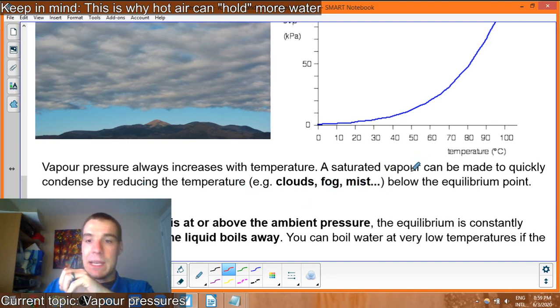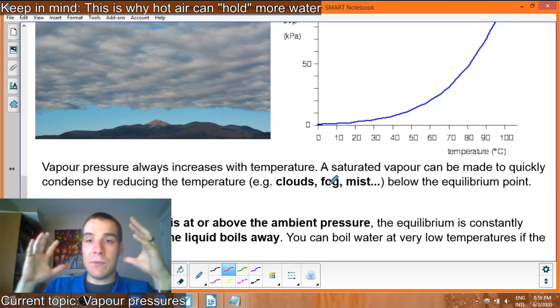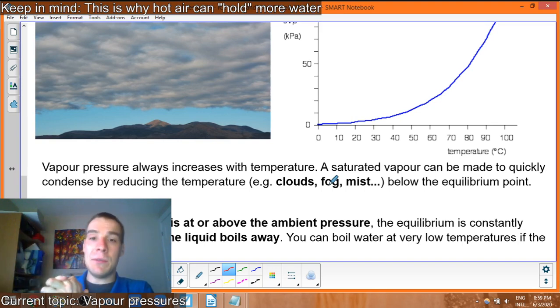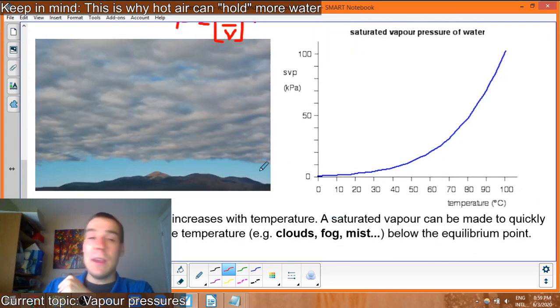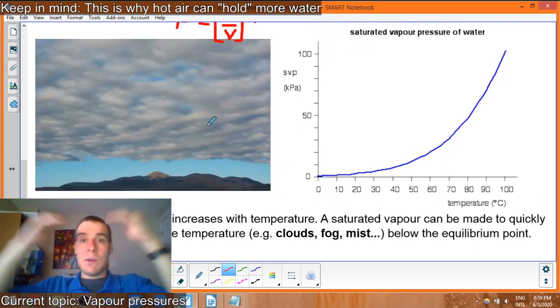So that's how clouds form. That's how fog and mist forms. Basically, the air has to be holding a bunch of water and then cool down below this condensation point, which is an equilibrium thing based on the temperature, because K changes with temperature based on this curve. This is why clouds tend to form at the same altitude.